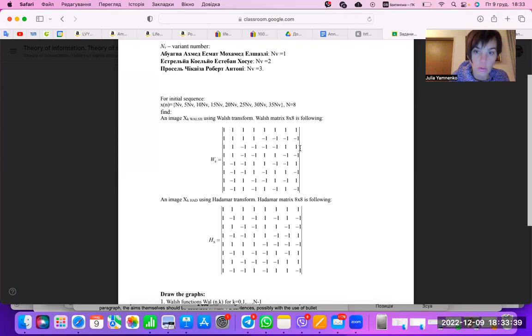Of course it is not correct, because the number of +1 and -1 should be the same. So it should be 4 and 4.